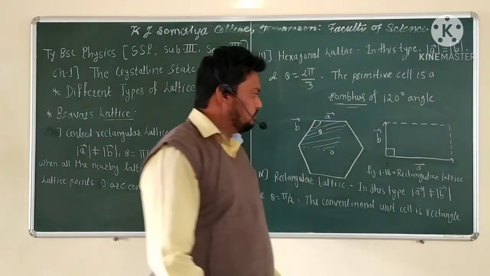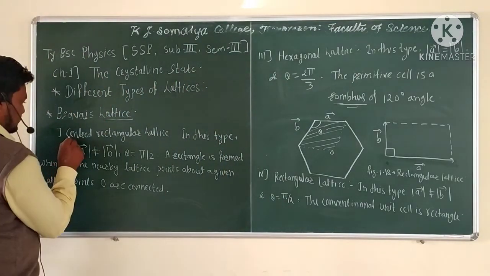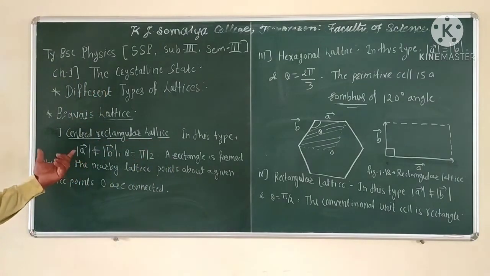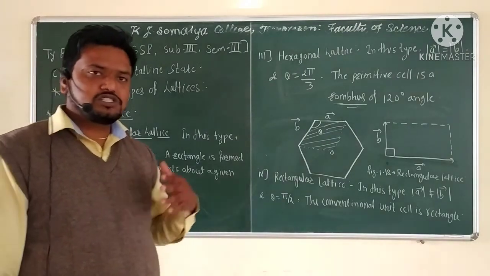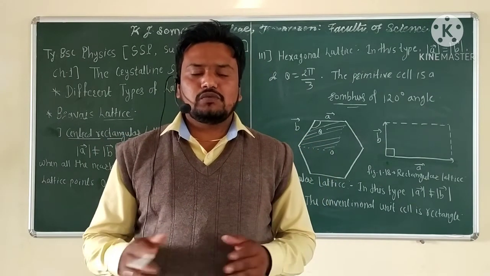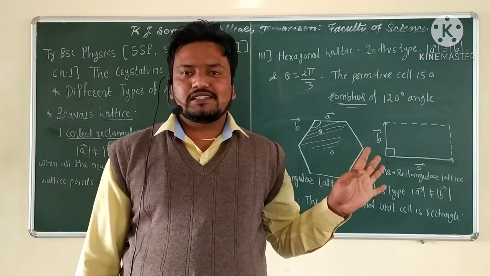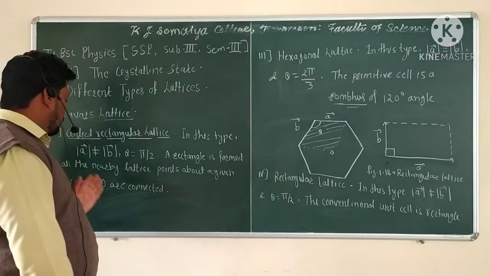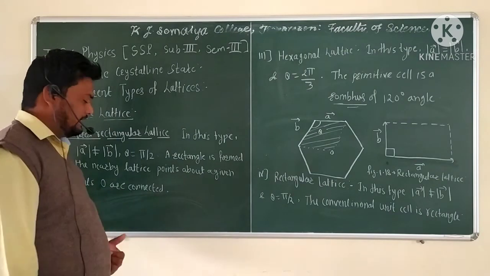The next type of two-dimensional lattice is the centered rectangular lattice. In this type of lattice, again mod of vector a bar is not equal to mod of vector b bar, and theta is pi by 2, when all nearby lattice points about the given point O are connected.